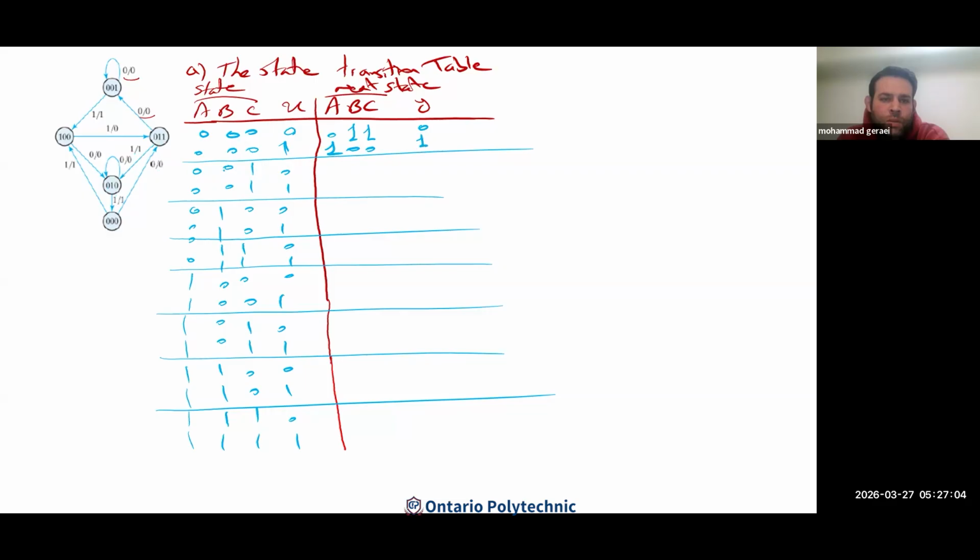0, 0, 1. State 0, 0, 1 is here. Input is 0, what is the next state? 0, 0, 1, and output is 0.